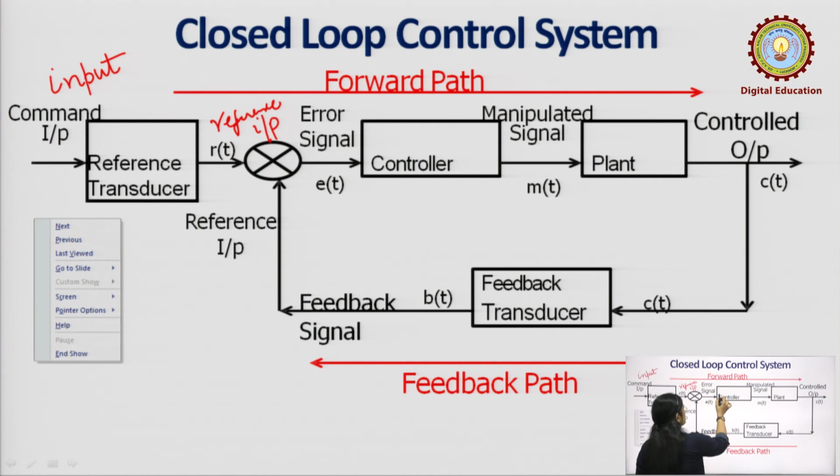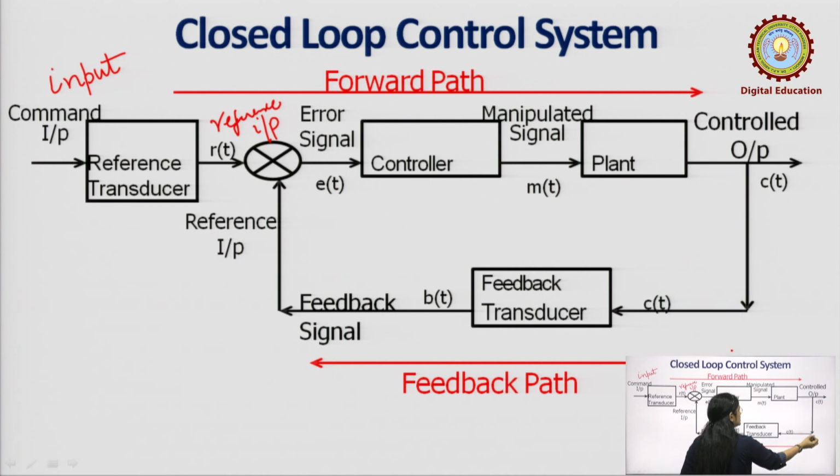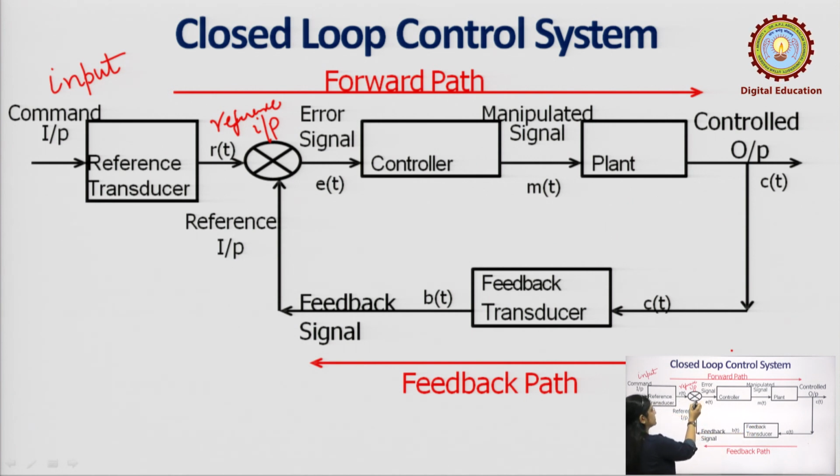Now, what does this controller do? Once the process has been completed, whatever output has been obtained is fed back through a feedback transducer, or any feedback element, and this feedback signal is sent to the error detector. This is the reference input and this is the error signal E. The error signal is fed to the controller.